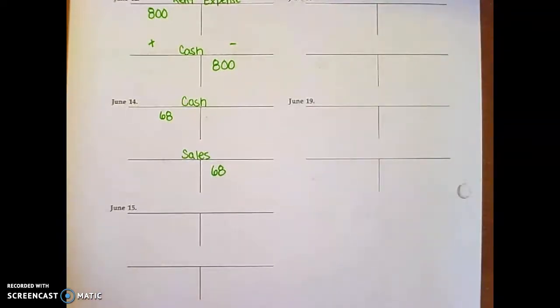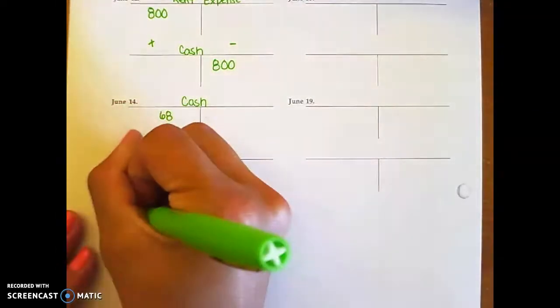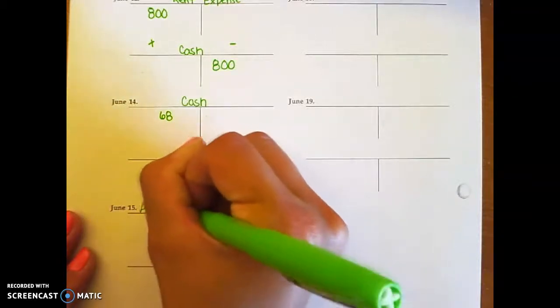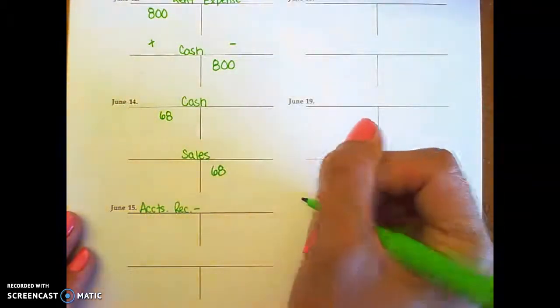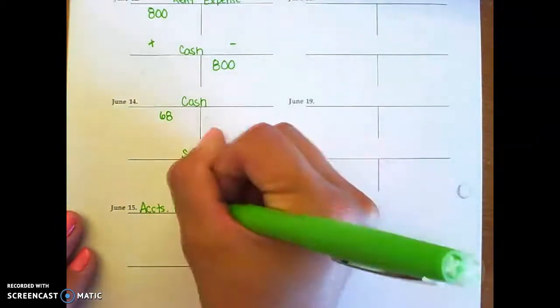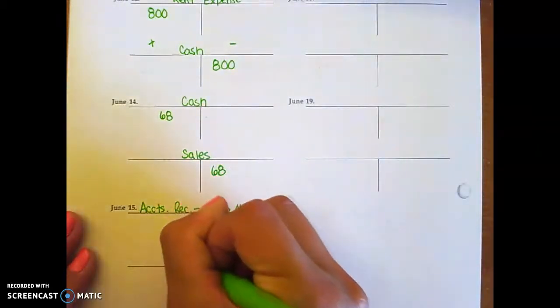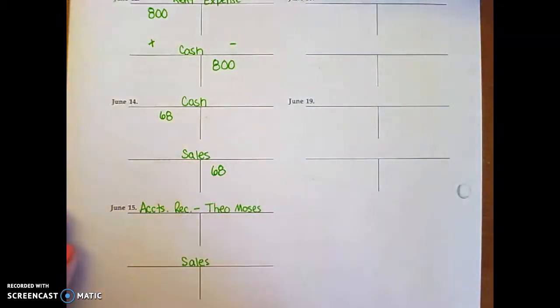On June 15th, we sold services on account to Theo Moses, $130. So we sold on account, he owes us money, so I'm going to record accounts receivable dash Theo Moses. And then sold services is just another way of saying sales.